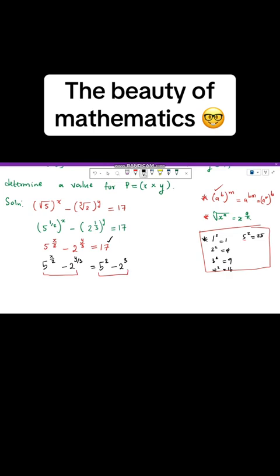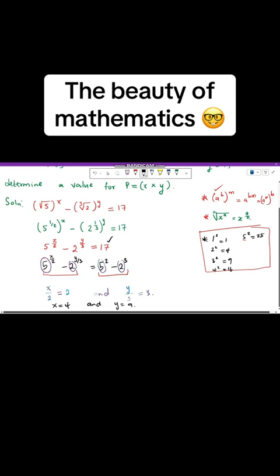So if 5 is equals to 5 and 2 is equals to 2, this implies that x over 2 should be equals to 2, and y over 3 should be equals to 3. Then by using your cross multiplication, x should be 4 and your y should be 9.